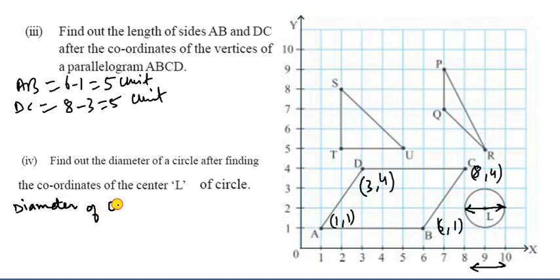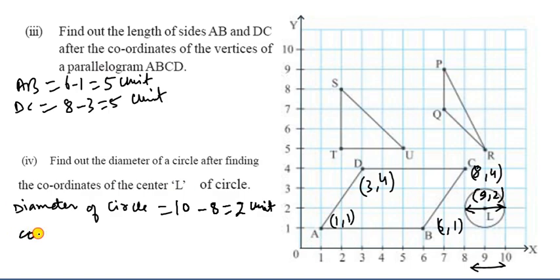So the diameter of the circle, that is how much? 10 minus 8, so that is 2 units.